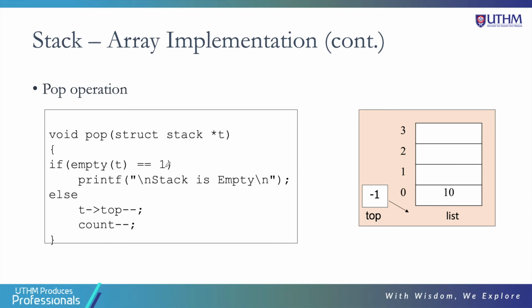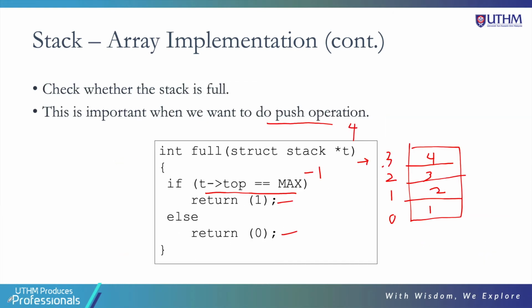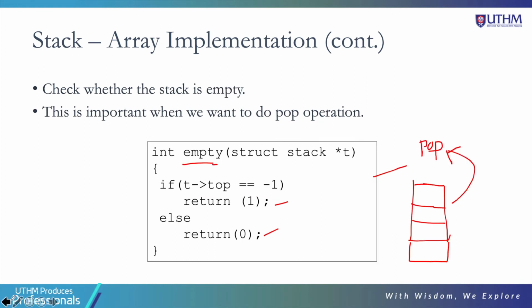So if it returns 1, it means that the stack is empty. Just refer to the empty function here. Whenever t top is equal to -1, this is -1, 0, 1, 2, 3, it returns 1, meaning that the top is pointing to -1.